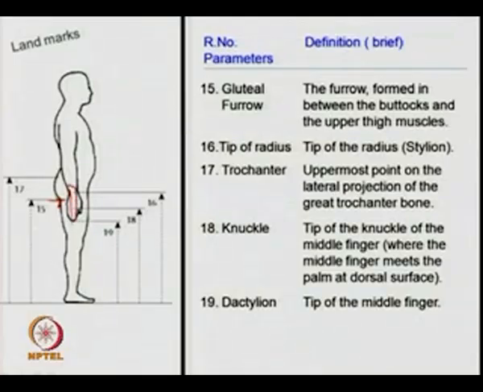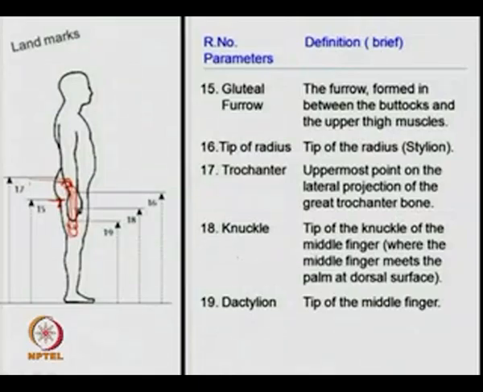So, this is the trochanter bone over here, the uppermost point on the lateral projection of the greater trochanter bone.